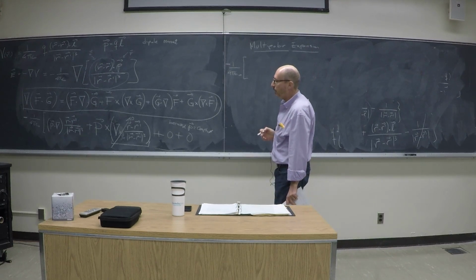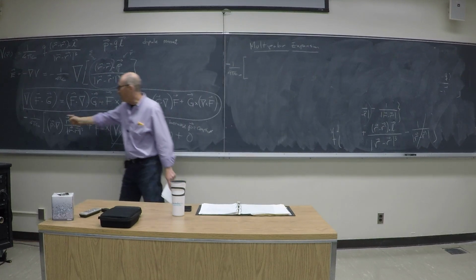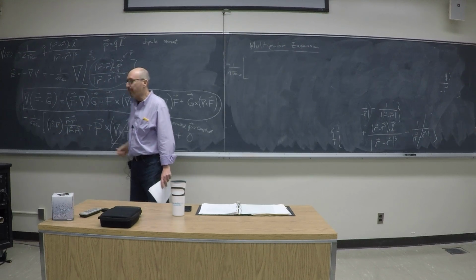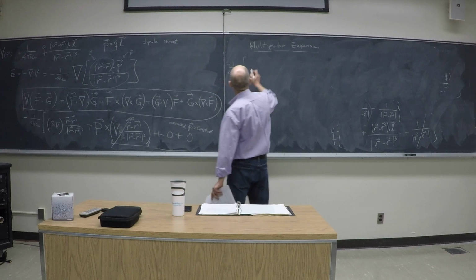So the statement was that because this parenthesis is just a regular derivative, I'm going to use the regular calculus 1 rule of the product. And so that looks like this.